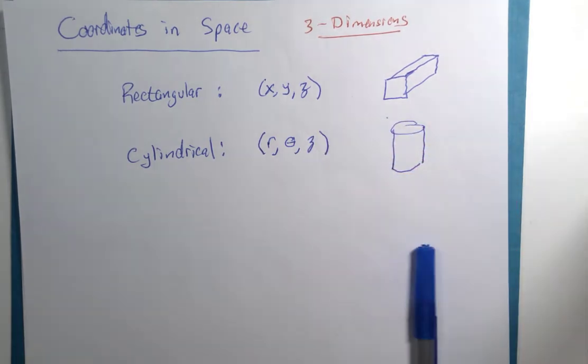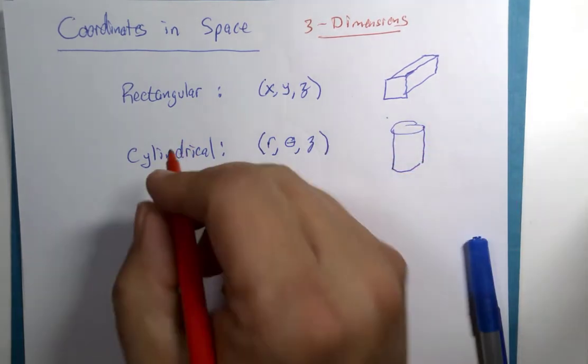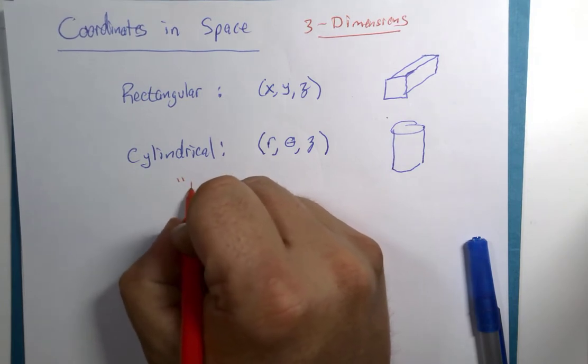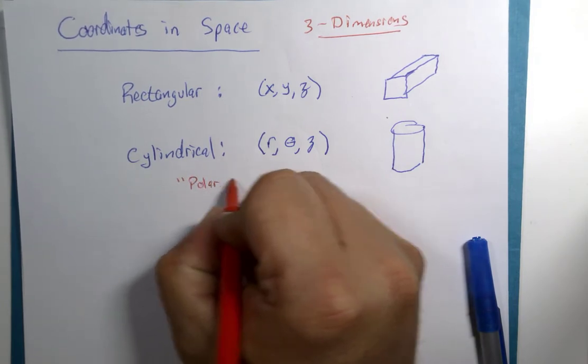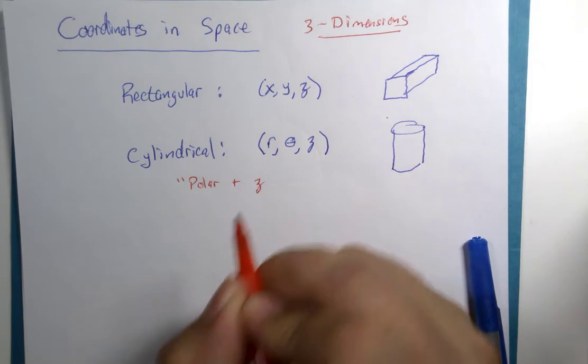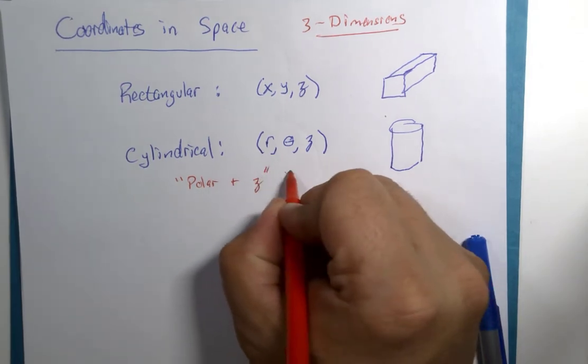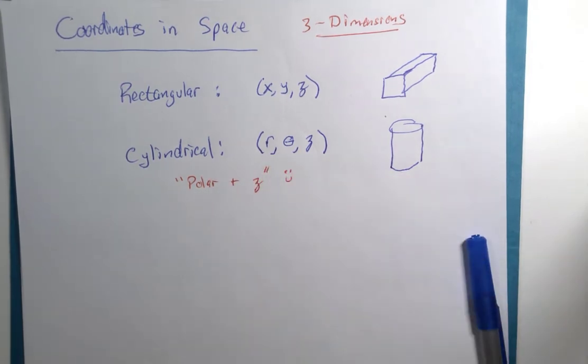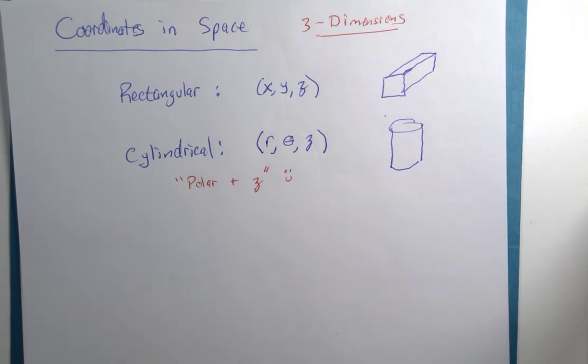So I sometimes will nickname this type of coordinate system polar plus z, as just a little memory device for my mind to keep track of this. So cylindrical coordinates, you don't actually convert z at all. Z stays there, but the x and y become polar.